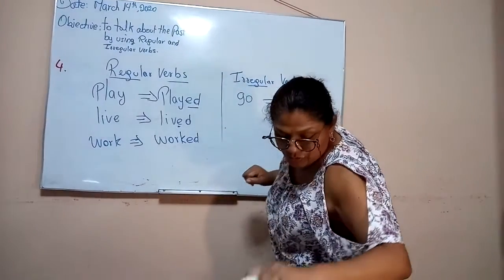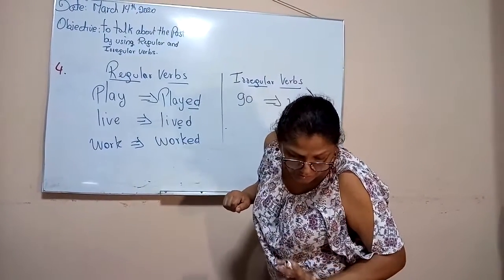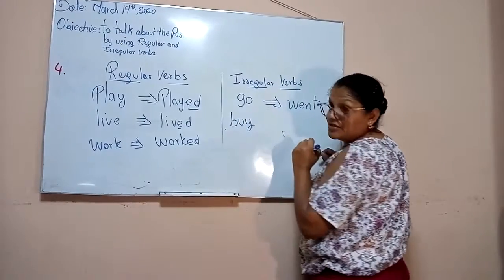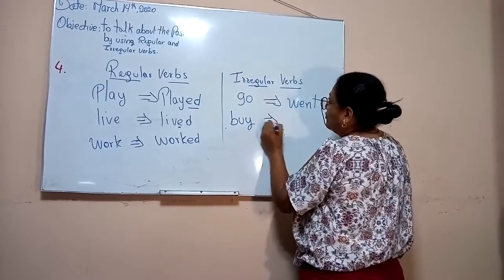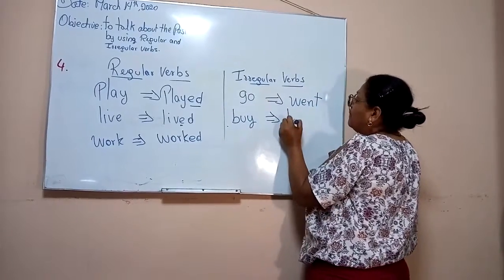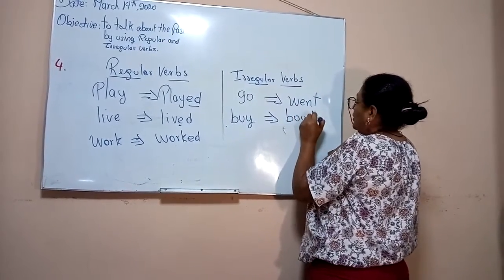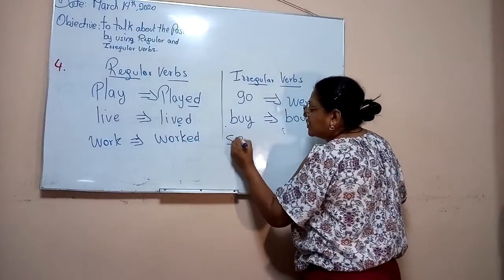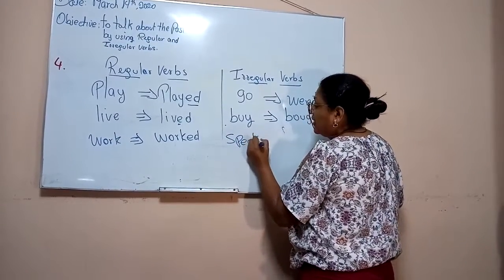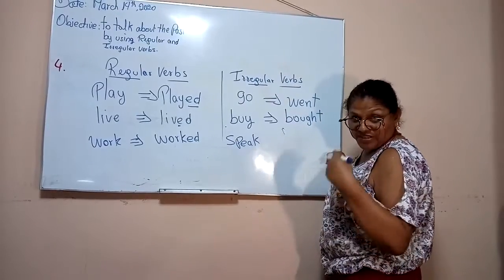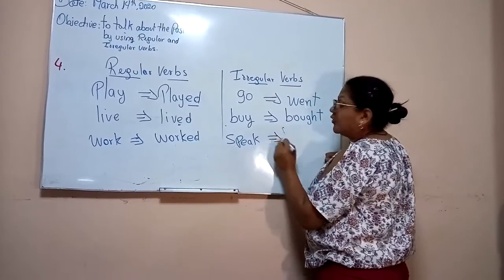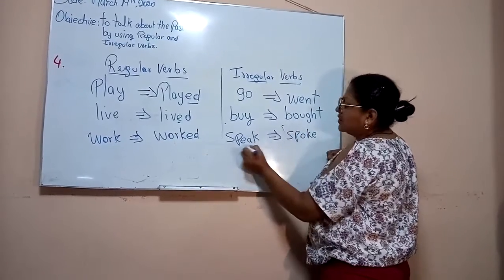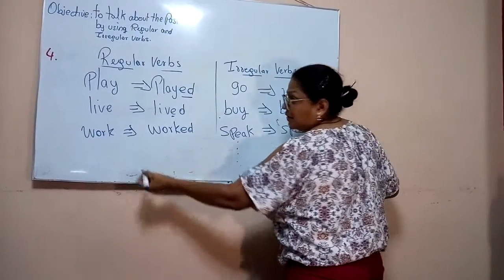Another verb, according to your test, is buy, like buy souvenirs. But the simple past is bought. Another verb is speak, for example, speak English, speak Spanish. If you want to refer to the past, you have to say spoke. And there are several more verbs.